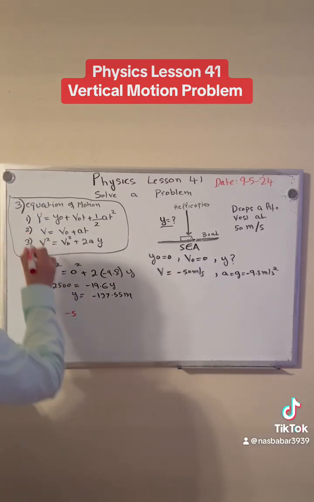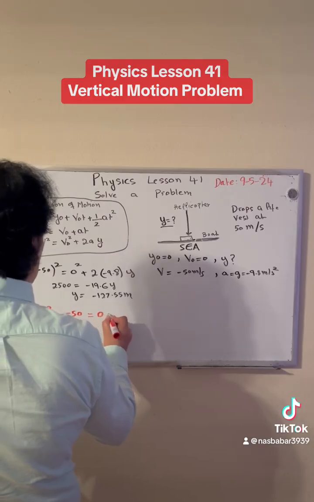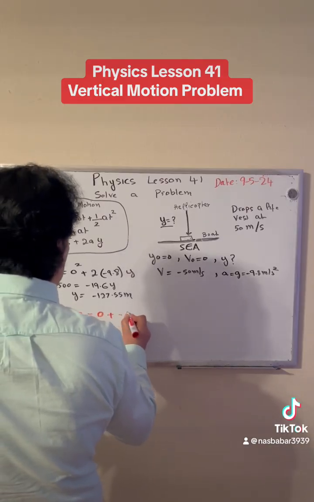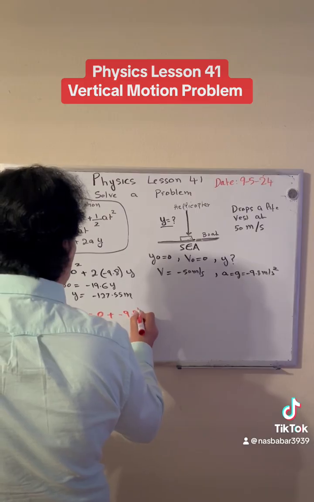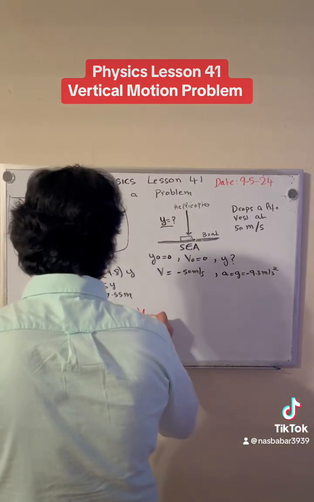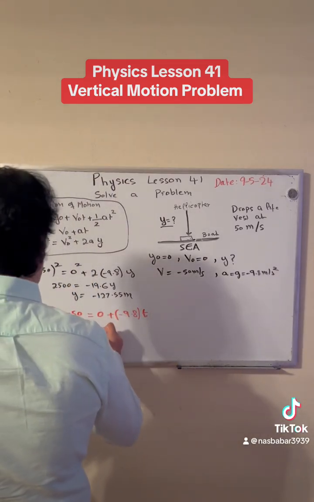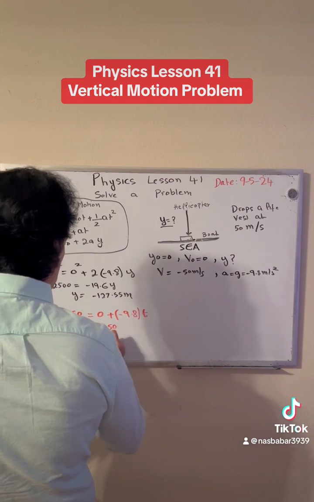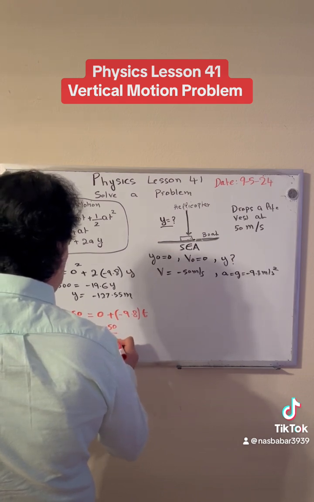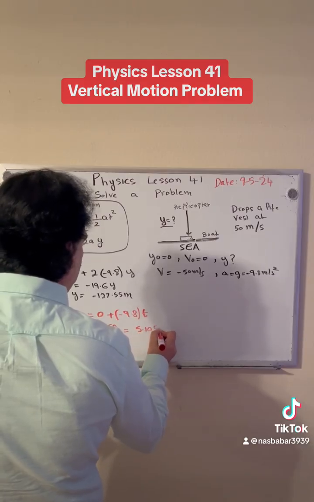I'm using equation number 2. Minus 50 is equal to 0 plus minus 9.8, because acceleration coming down is minus 9.8, times t. When you solve this, my friends, you get minus 50 over minus 9.8, which is 5.10 seconds.